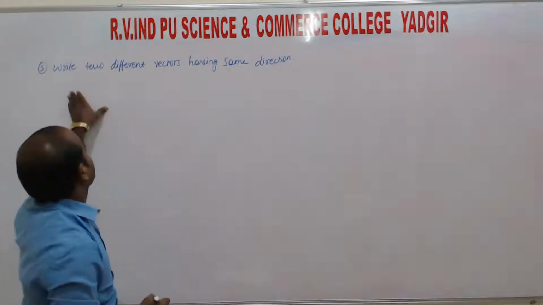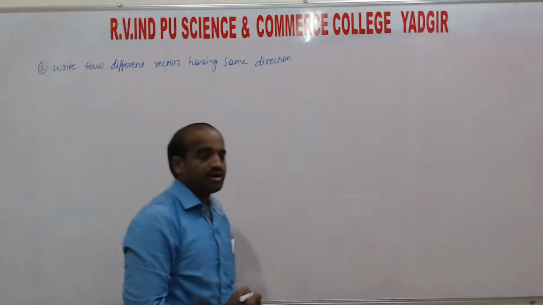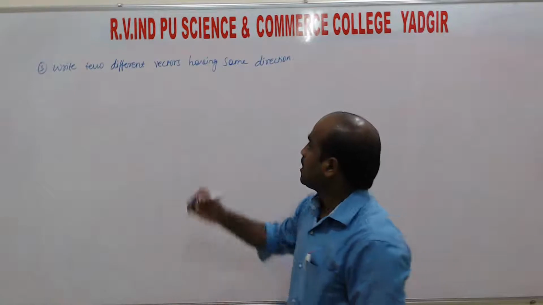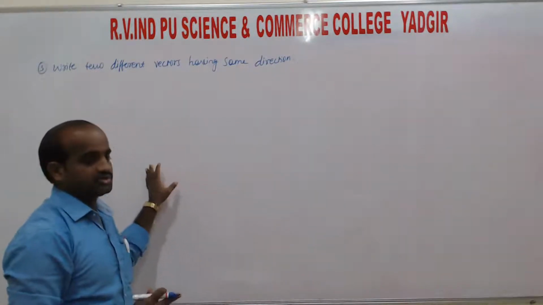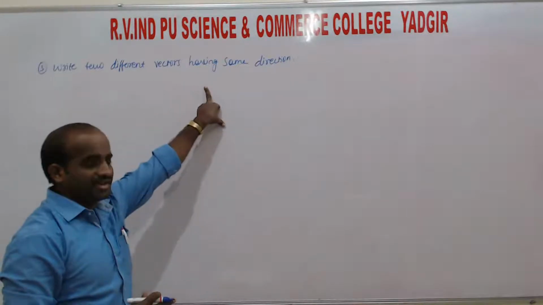And before that, one question: write two different vectors having the same magnitude. This type of question is over. This one is about the same direction.